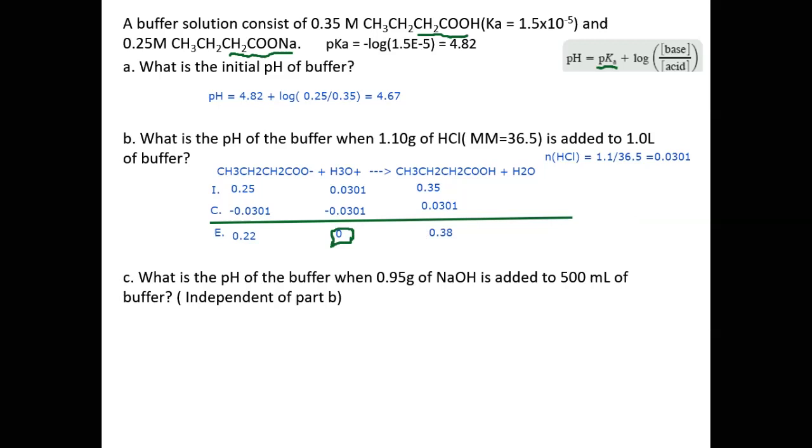So now we have the resulting concentration of weak acid and weak base, because again it's 1 liter, so we can determine the pH. pH equals 4.82 plus log of base divided by acid. And it should be less than 4.67 because we added more acid to it.